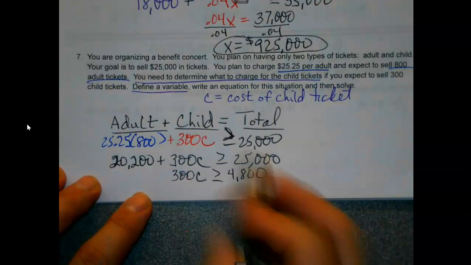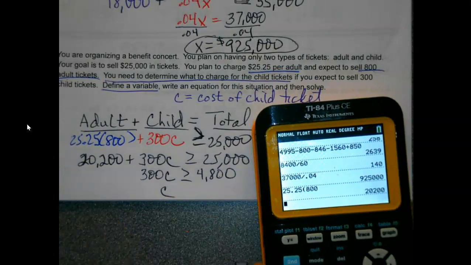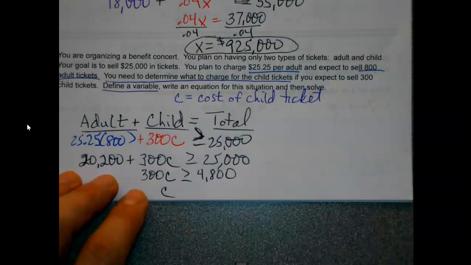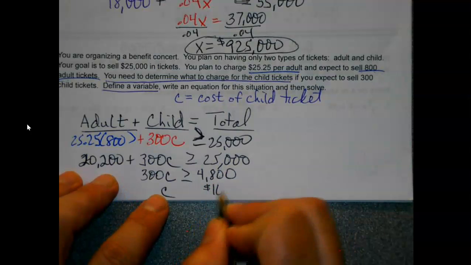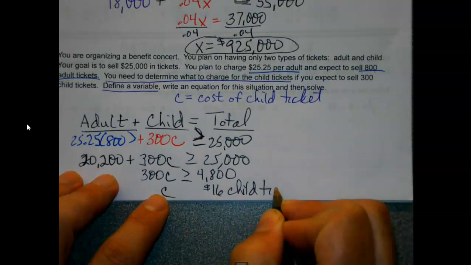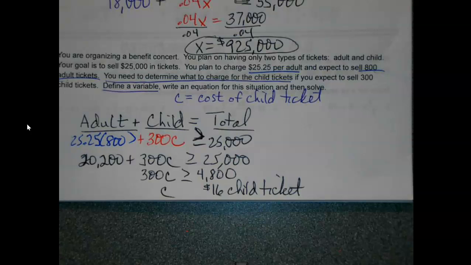And to find C, I've got to divide by 300. So now here's where we're going to be able to have the discussion about the symbols. Depending on how you want to look at it, but we'd all have to have an agreement on this.